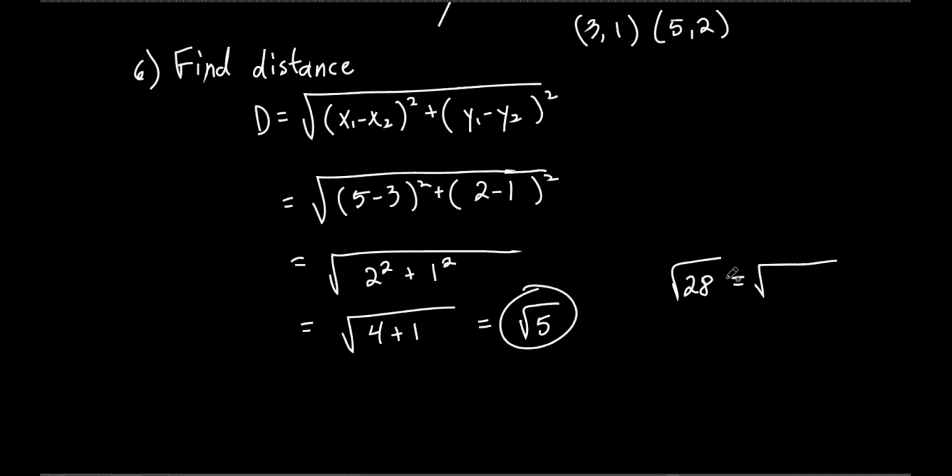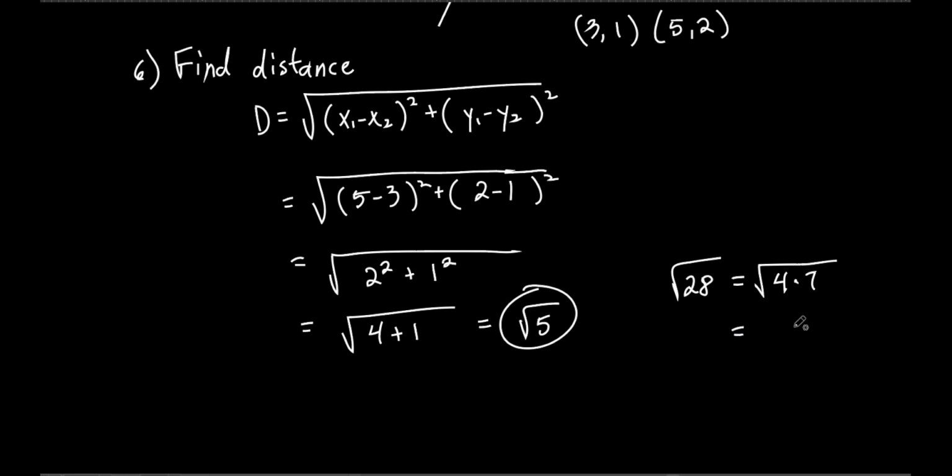No. Because square root of 2 is like 1.414 something, blah, blah, blah. But watch. What else is 28? 4 times what? 4 times 7. Now, can I take the square root of one of these? Yeah. Which one? The 4, okay? That's how I chose 4 and 7, and I didn't choose 2 times 14, okay?